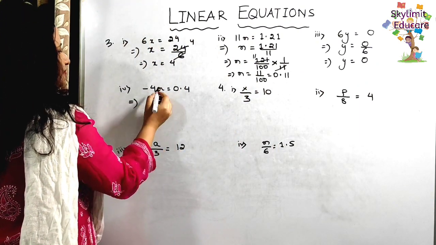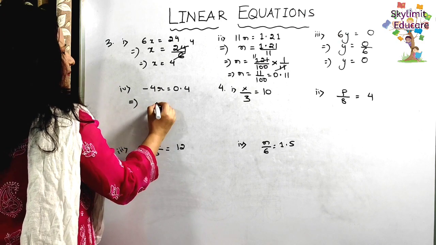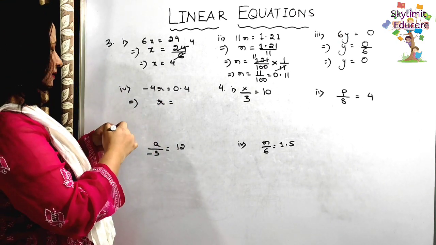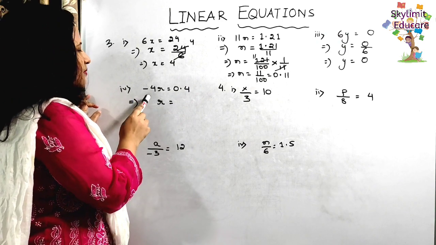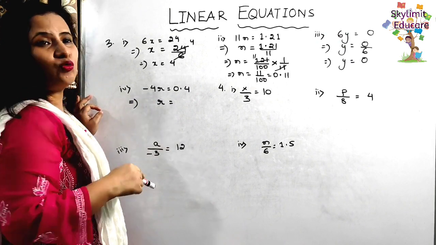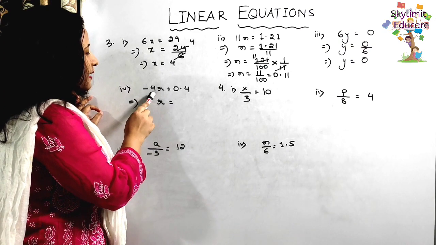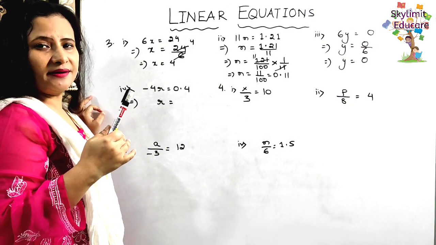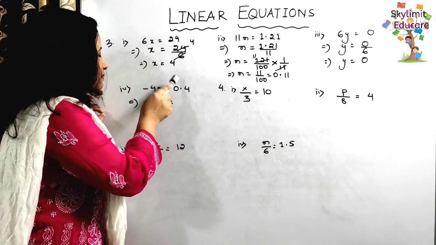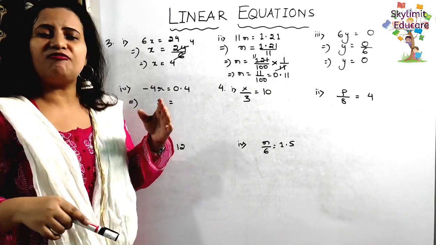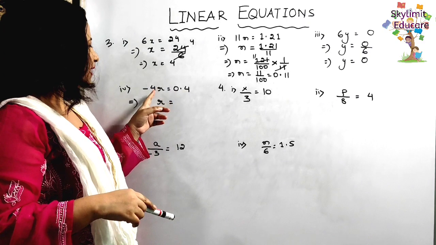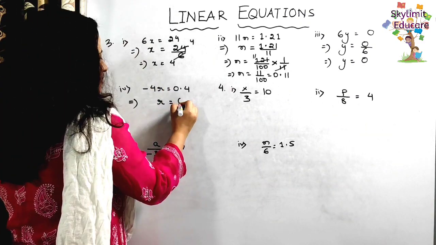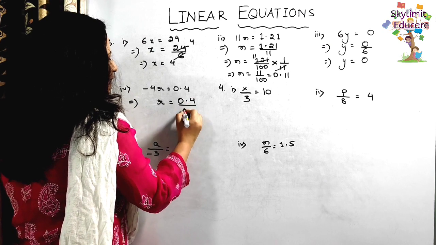Now next question. r, simply keep r here. Now students, just see here. In this case, what is the question? Minus 4 is multiplied to r. Minus 4 is multiplied. So what is the relationship between r and minus 4? Both are multiplied. Okay. So when you are shifting this minus 4 to the right hand side, the sign of minus 4 won't change. Only that multiplication will change to division. Remember it. Okay. So you understand it this manner. 0.4 will be divided by minus 4.